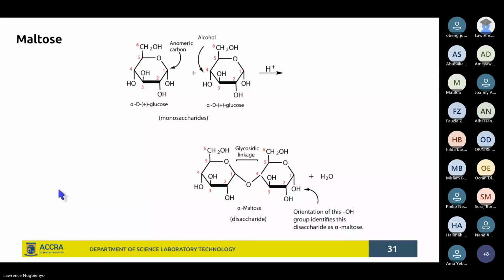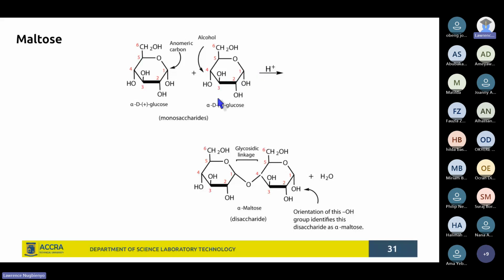Maltose, which consists of 2 glucose molecules. So now you see the 2 glucose molecules, both of them are in alpha configuration. The hydroxyl groups on the anomeric carbon of the 2 glucose molecules are pointing downwards.